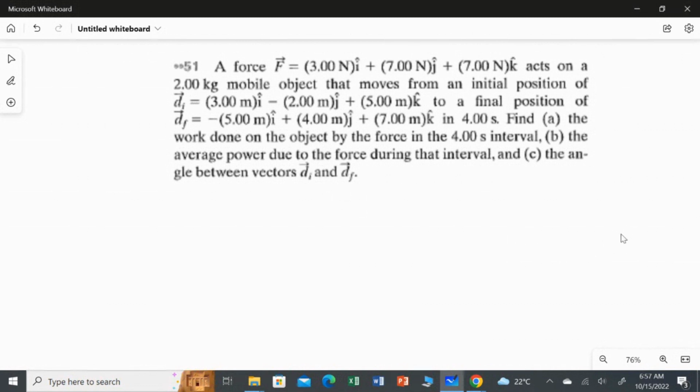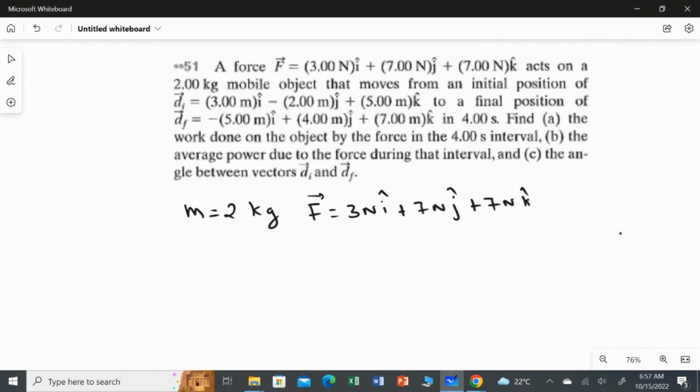So that means you have a block, the object mass is 2 kilogram, and this force is acting on this block of mass 2 kilogram. What is the force? The force vector is 3 Newton I cap plus 7 Newton J cap plus 7 Newton K cap.